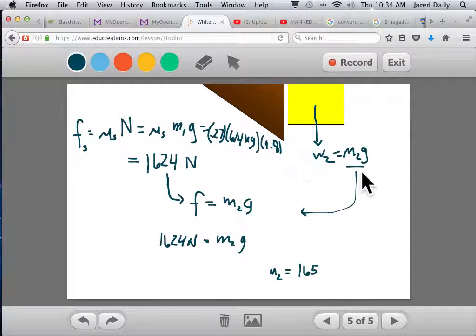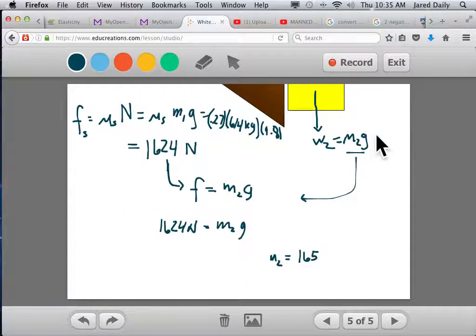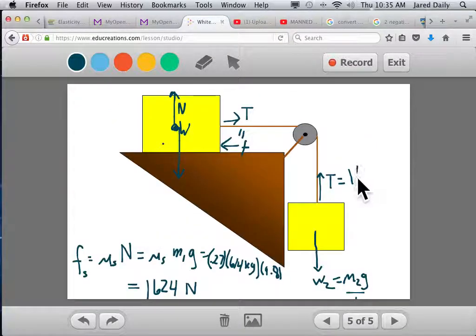We can use the whole system if we want, or we can just use this one block since we know what the tension is already. The tension is equal to this friction up here. So we've already figured out that the tension is equal to 1624 newtons. So we can just use this block to figure out the rest.